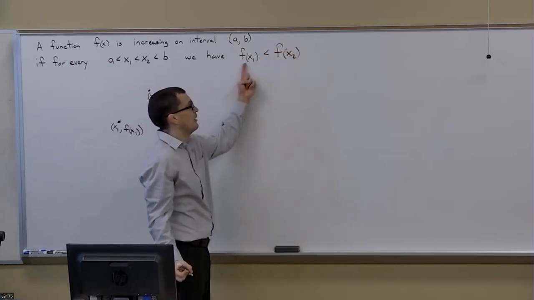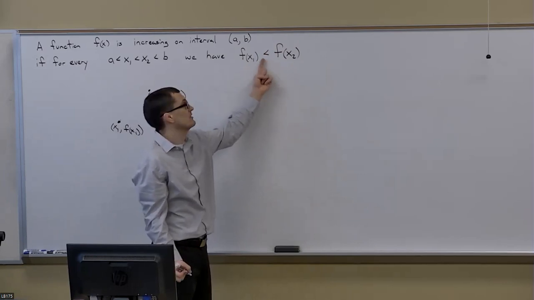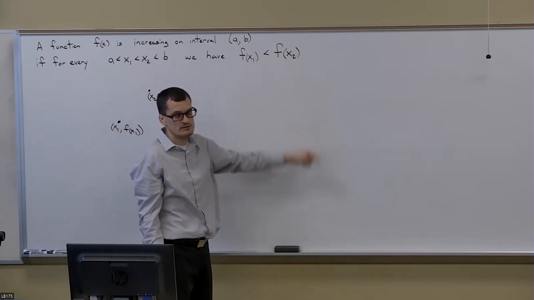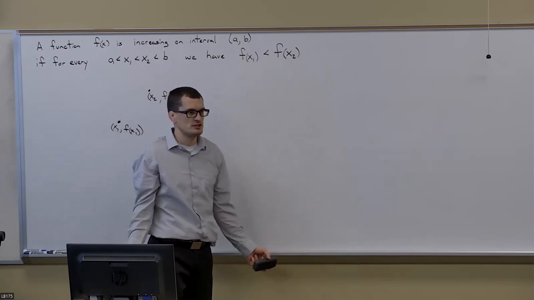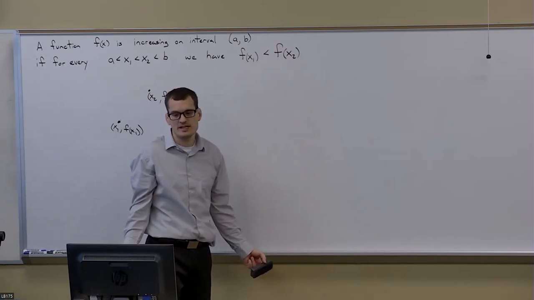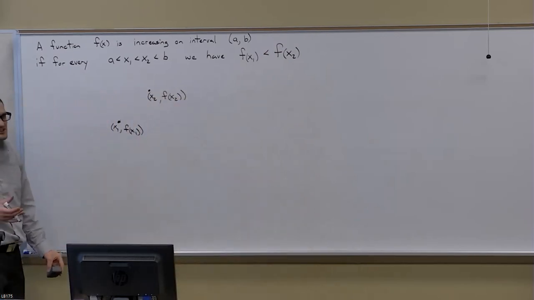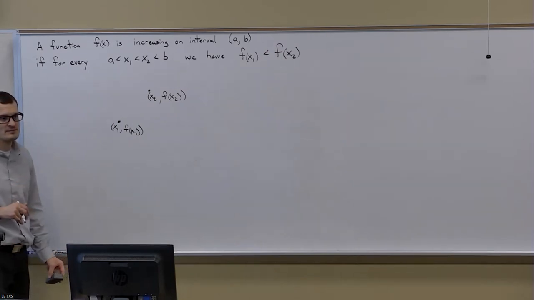So the output value, when you put in the lower one, needs to be lower than the output value of the higher one. That's the formal definition of increasing. It's a lot easier to see visually; sometimes the formal definition almost gets in the way.